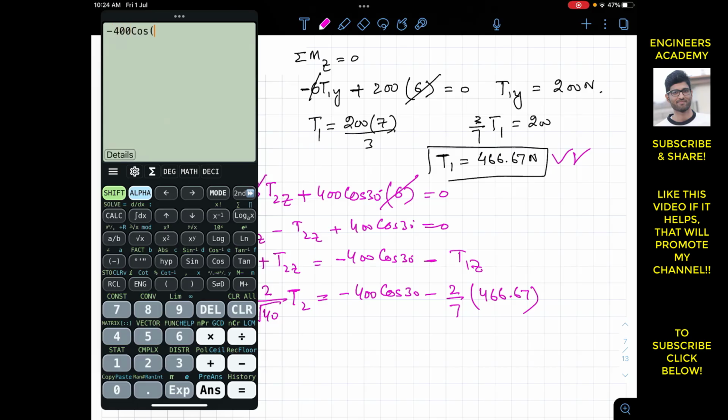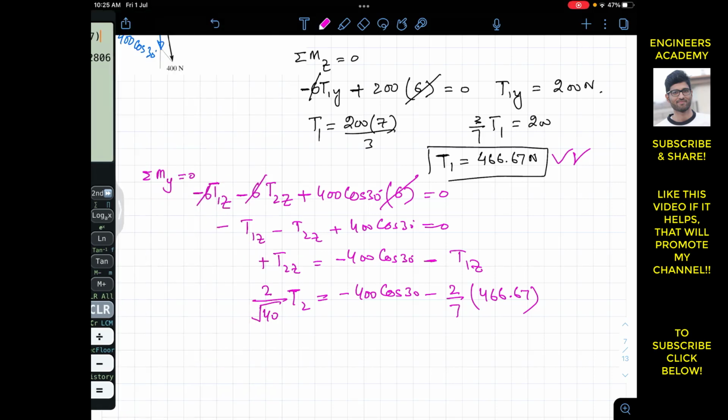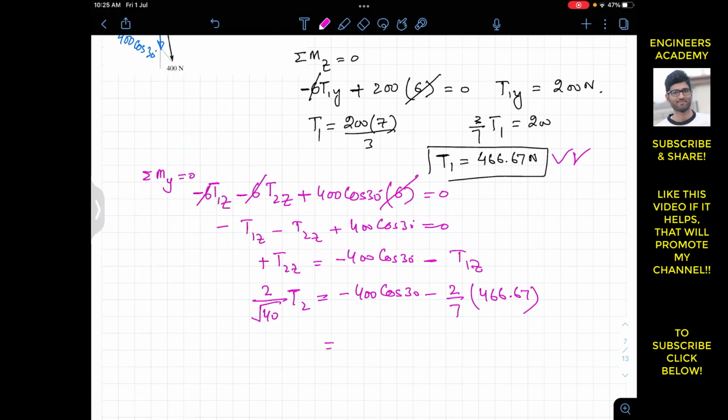So minus 400 cos of 30 minus 2 divided by 7 into 466.67. This gives us minus 479.74.